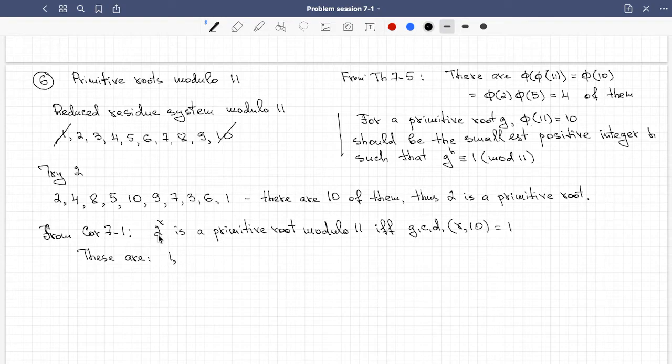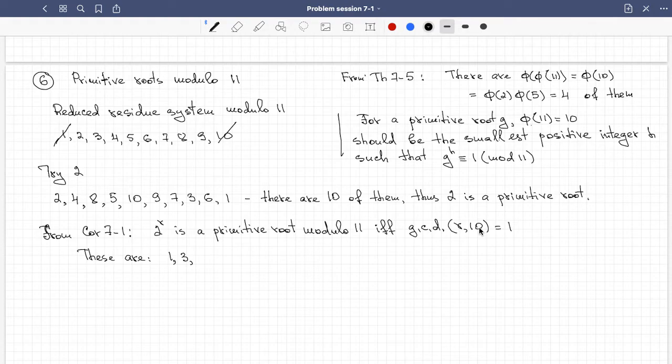1, which will give us 2 to the 1 is 2. 2 is not relatively prime to 10. 3 is relatively prime to 10. 4 is not relatively prime to 10. Both are divisible by 2. 5 is not relatively prime to 10. Both are divisible by 5. 6 is not relatively prime to 10.